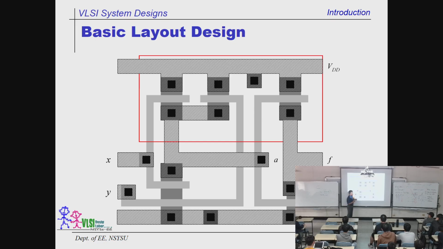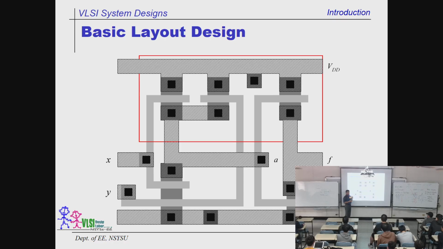And this red box stands for something. It stands for the area of a special well. It's called the N well. So all the transistors sitting inside of the N well red box stand for PMOS transistors. If the transistor is sitting outside of the red box, it is an NMOS transistor.